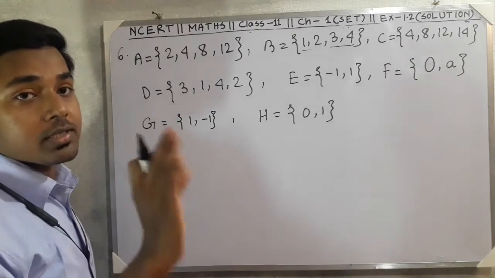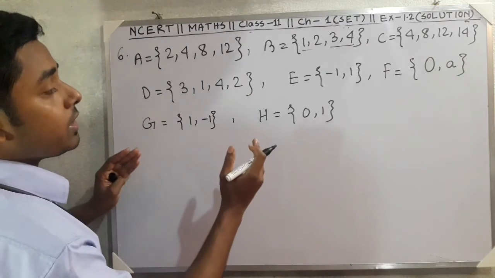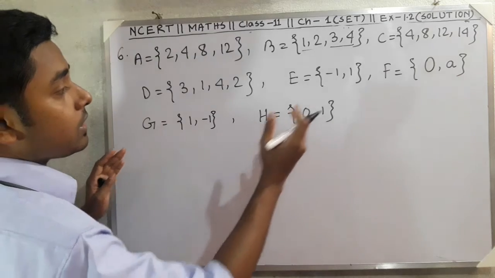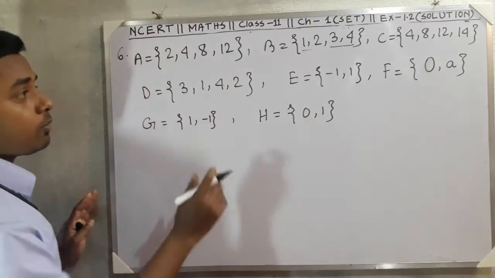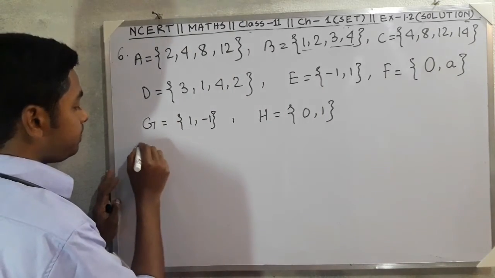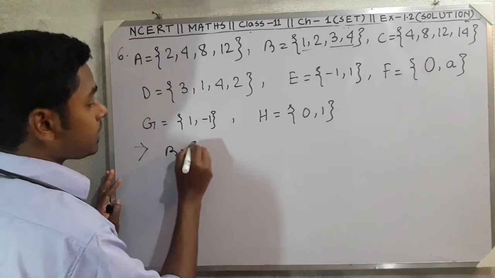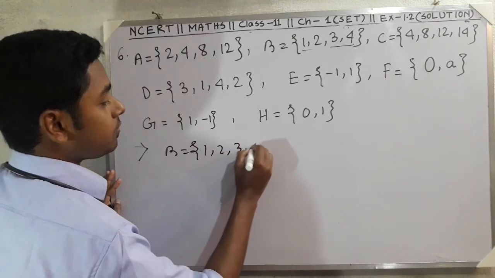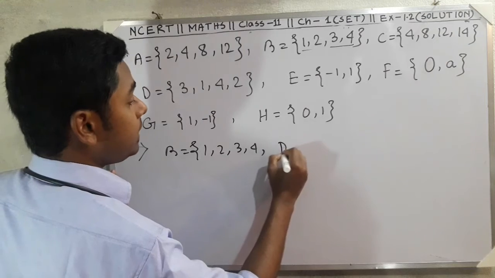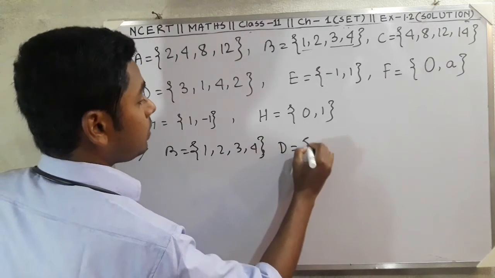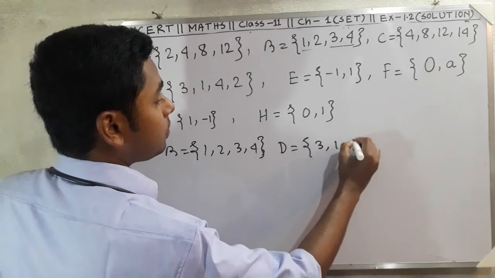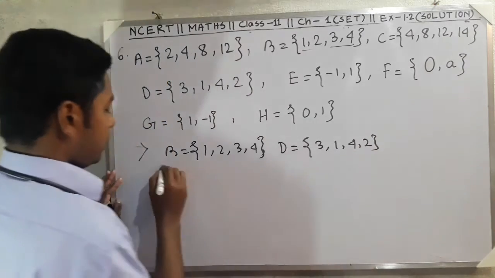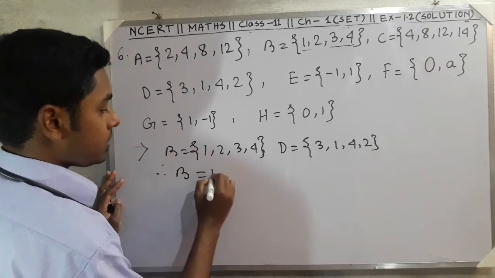I already told you, order doesn't matter. You just have to check whether the elements are there or not. Only this thing you have to check. So B is equal to 1, 2, 3, 4 and D is equal to 3, 1, 4, 2. Therefore B is equal to D.